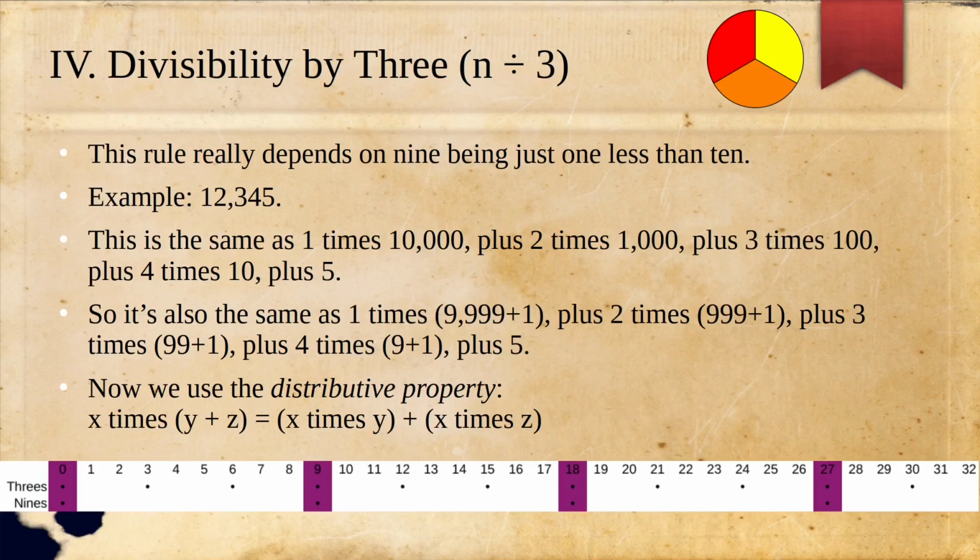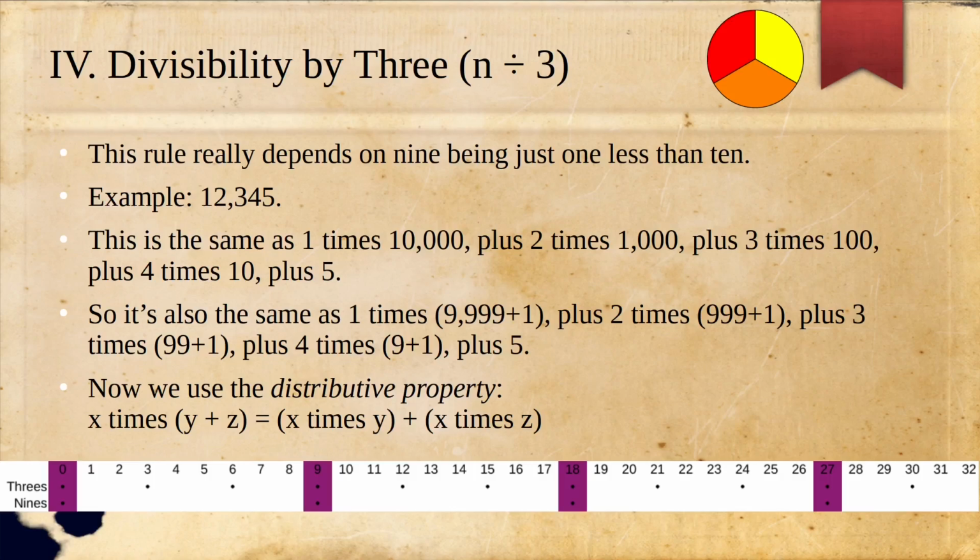Fun fact, it's also the same as 1 times 9,999 plus 1, plus 2 times 999 plus 1, plus 3 times 99 plus 1, plus 4 times 9 plus 1, plus 5.